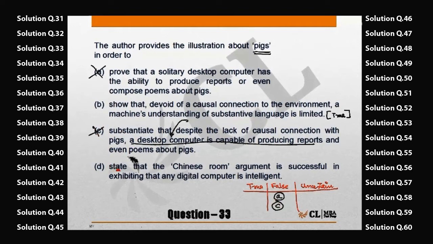D. State that Chinese room argument is successful in exhibiting that any digital computer is intelligent. This clearly contradicts, so this is also false. These were easy options because we can easily say that these were all false. The difficult options are when things become uncertain. So our answer choice is B. That is definitely the true answer based on the passage.